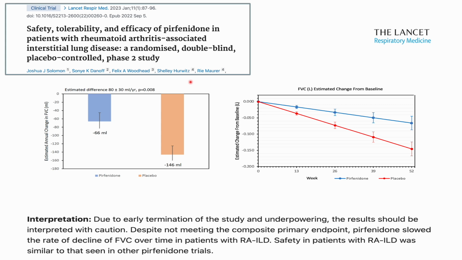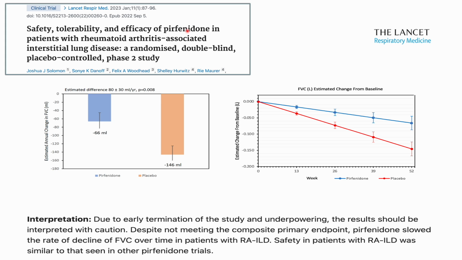The difference in the proportion of patients who met the endpoint of decline in FVC from baseline of 10% or more, that reduction in the pirfenidone group versus the placebo group is significant. And they found that compared with placebo, these patients had a slower rate of lung function decline, and the estimated difference is almost 80 ml plus minus 30 ml per year, which is a huge difference.